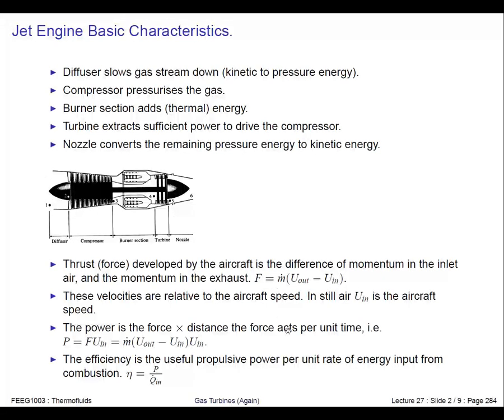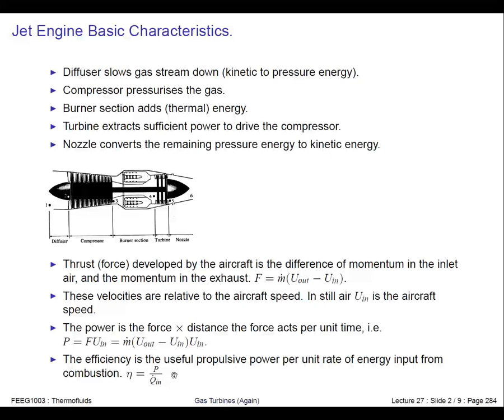If we're interested in how much power we can generate from the jet engine, that's the force times the velocity, where the velocity is the speed of the aircraft. We could also be interested in the efficiency of a jet engine, and that's just the useful thing, the power, divided by the rate at which we're burning fuel, which is the amount of thermal energy being created by burning the fuel.